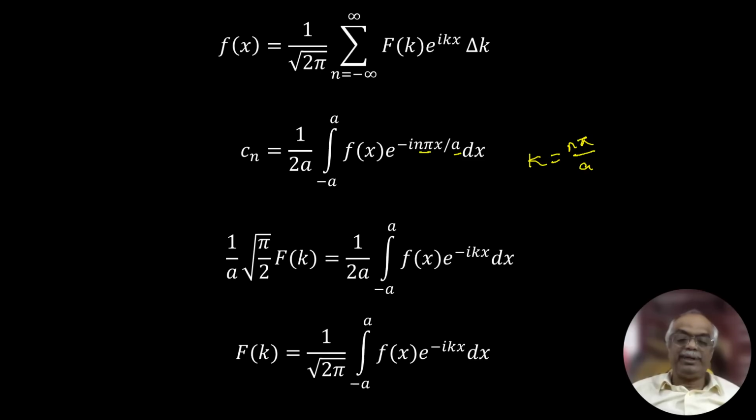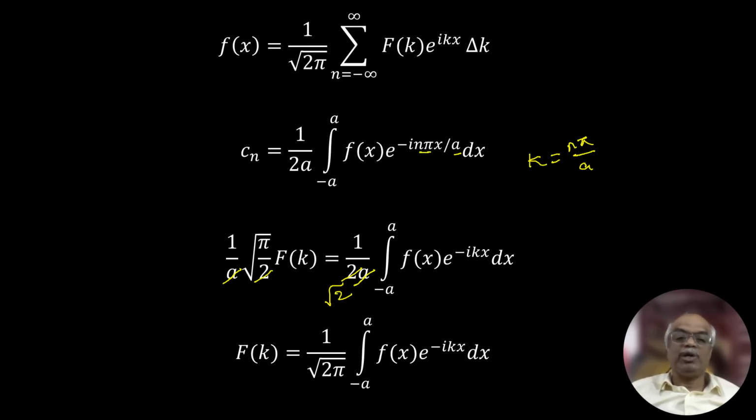Here you can simplify, this a and a will get cancelled. Then you bring this square root of pi by 2 to the other side. Here already there is 2, and this square root of 2 will get cancelled. This will become just square root of 2. And you bring this square root of pi here. So you will get 1 over square root of 2 pi integral between minus a to plus a f of x e power minus i kx dx. So we solved section C also.